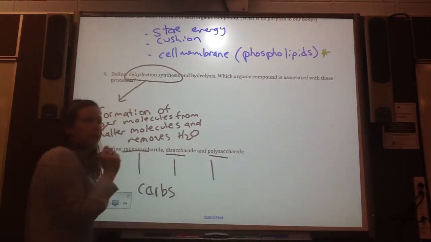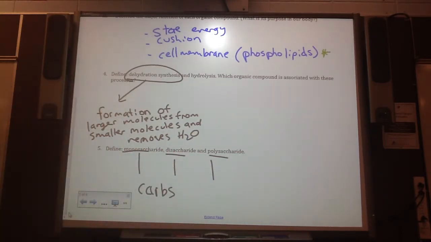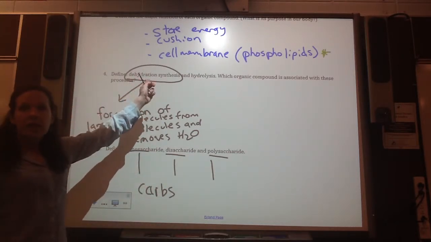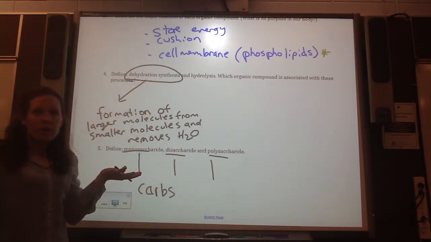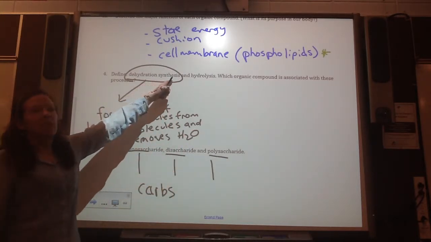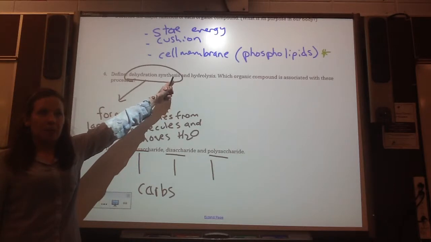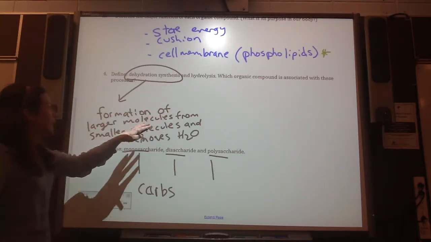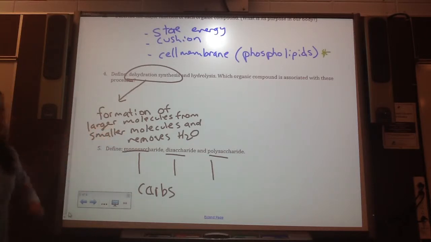If you forget this, just look at the word dehydration. When we think of dehydration, you have less water, right? So water is removed. Synthesis, we're making something. You have to make something from something else. So we're making something big from something smaller and taking out water.